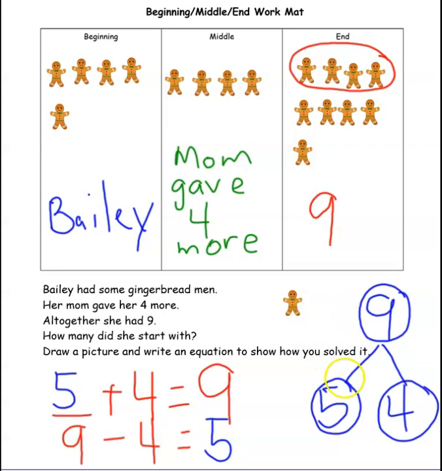So 5 and 4 together make the whole 9. Great job problem solving, boys and girls. And as you solve problems today, think about using the 3-read strategy and use the work mat that fits your problem the best. Great job.